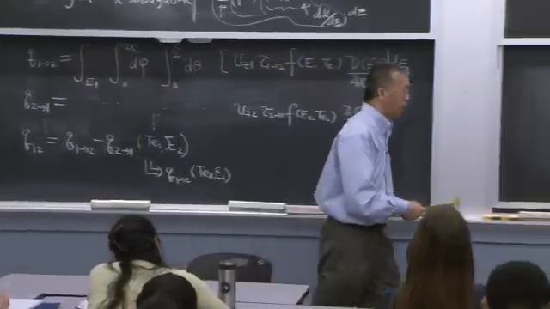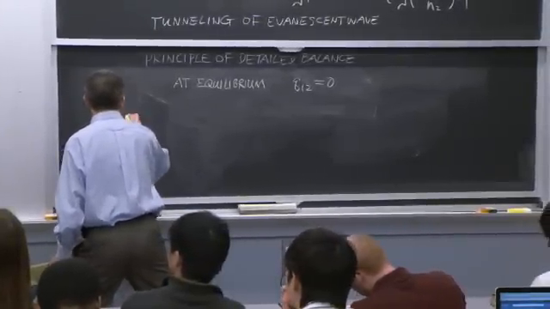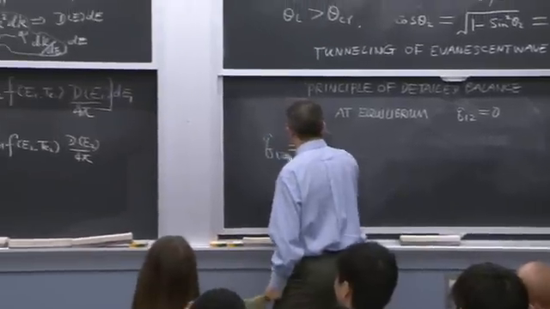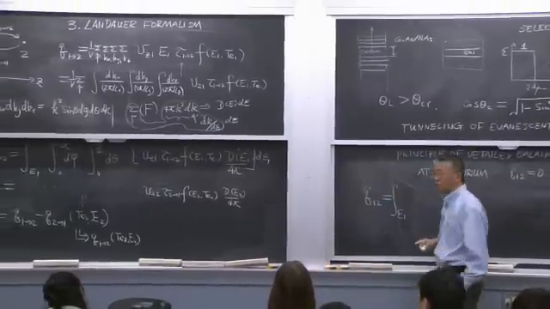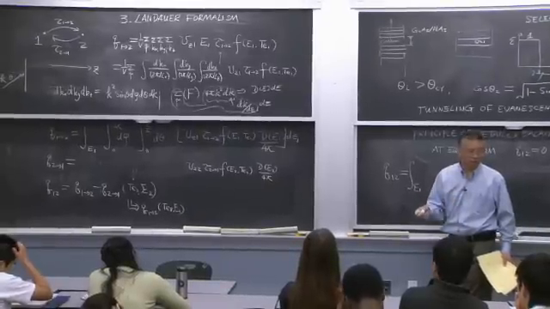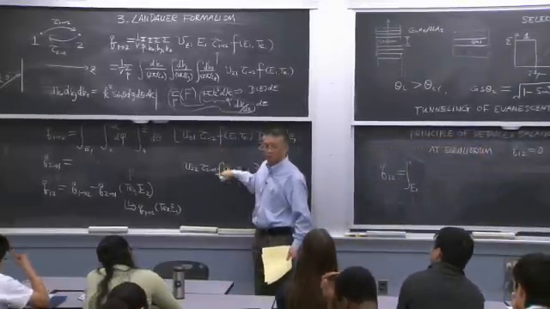Follow me. Let me write down the final expression. If I use this detail balance, I can write what I have for Q12. Now the variable is E1. Whether you choose 1 or 2 actually depends on your preference, depends on the problem. Sometimes it's easier to get the transmittance from 1 to 2 than 2 to 1.